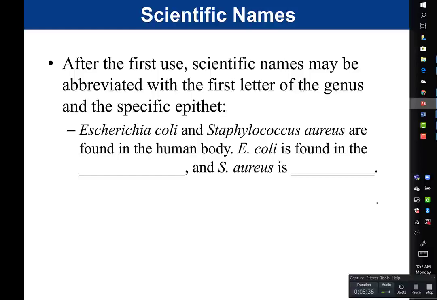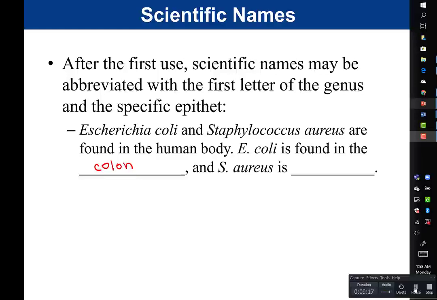Notice that they're italicized because they are organism names. When we write them out the first time, we have to write out the genus and the species. However, if we continue to talk about those organisms, let's say it says E. coli is found in the, notice that the genus is now abbreviated. We don't have to continue to write out Escherichia coli. So E. coli is found in the, we said colon or intestine. And S. aureus, again, we can abbreviate the genus because we already mentioned it in the sentence before.